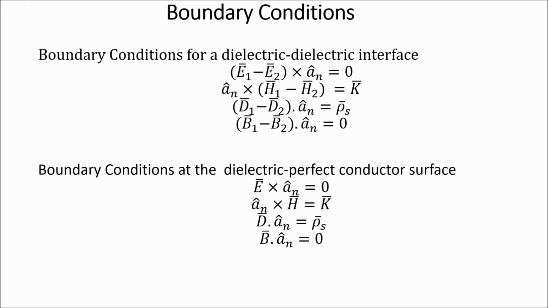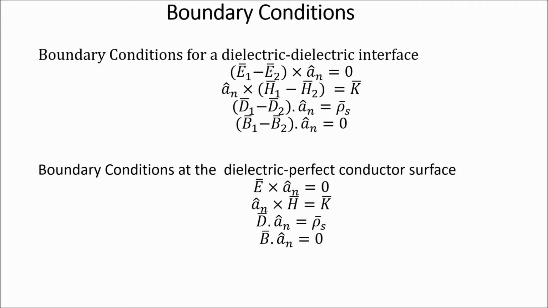But if there is no surface current or surface charge, then the tangential component of magnetic field and the normal component of electric flux will also be continuous.